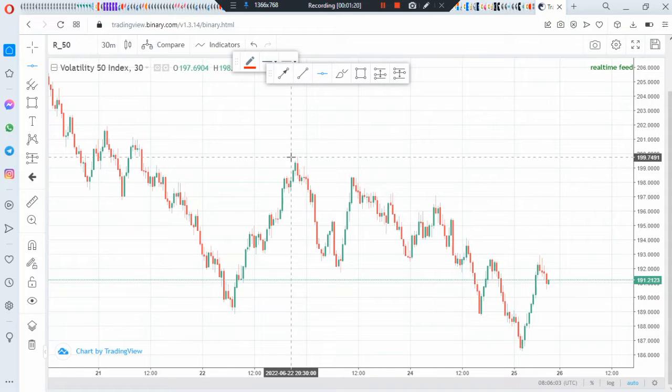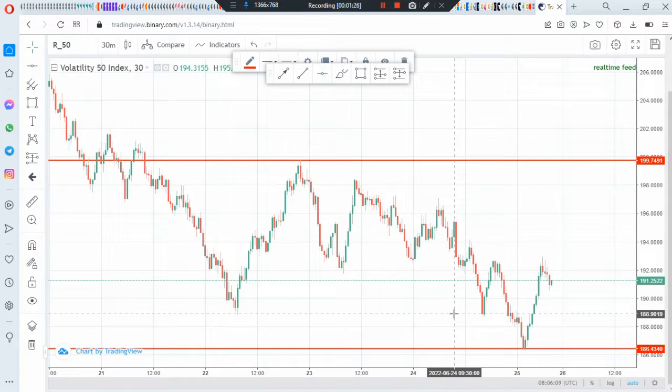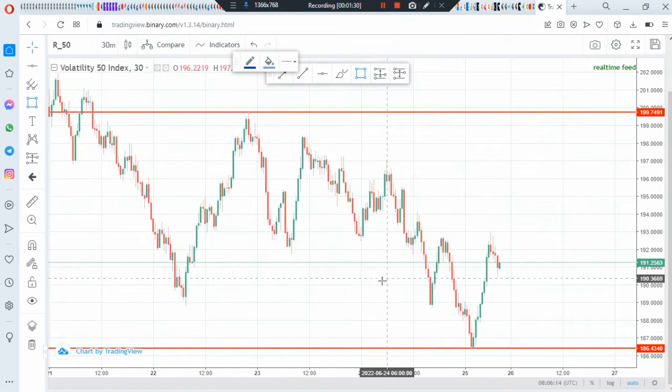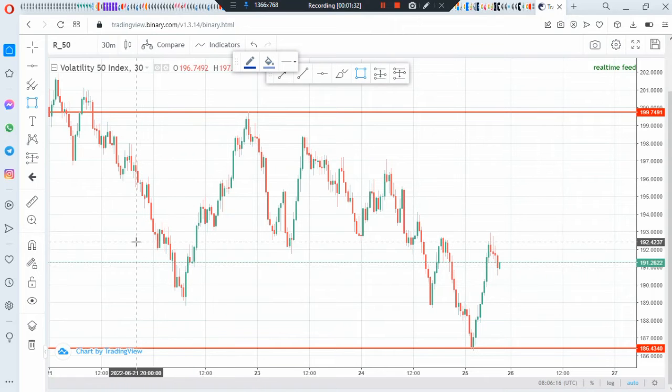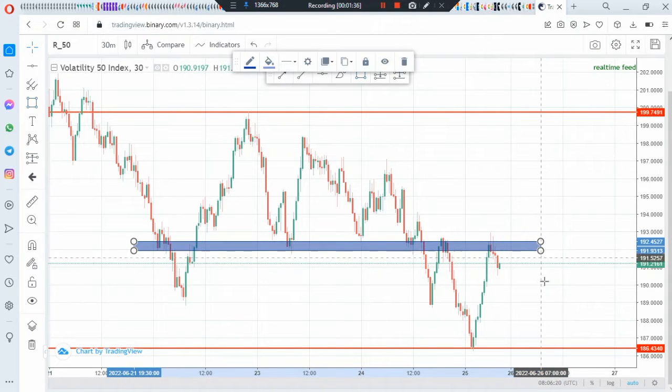So I'll first identify my highest area, and this is my low area. Then I'll identify my demand and supply line that is around this area. So what is the demand and supply line? This is the line that was actually touched many times.